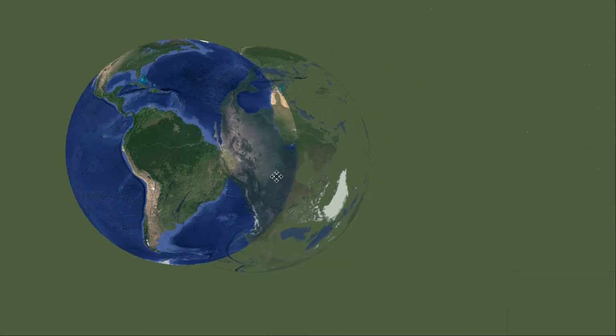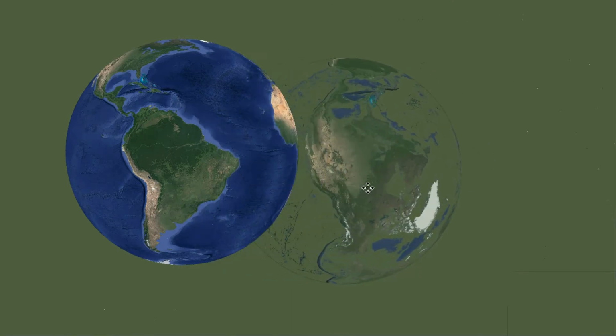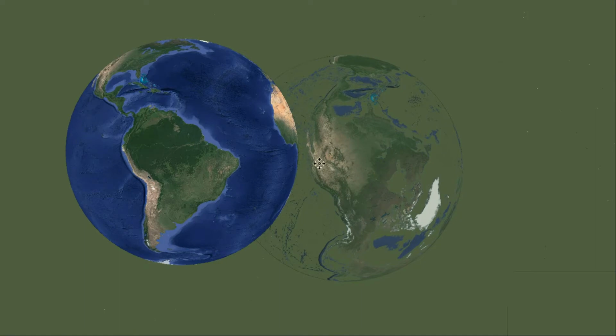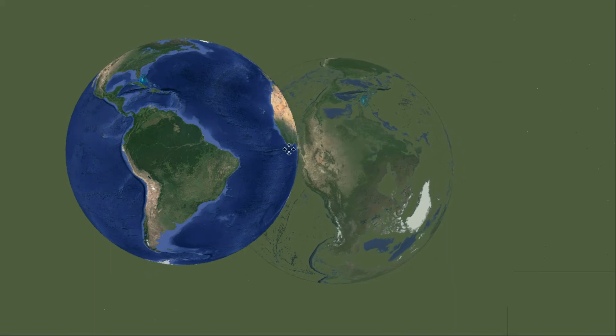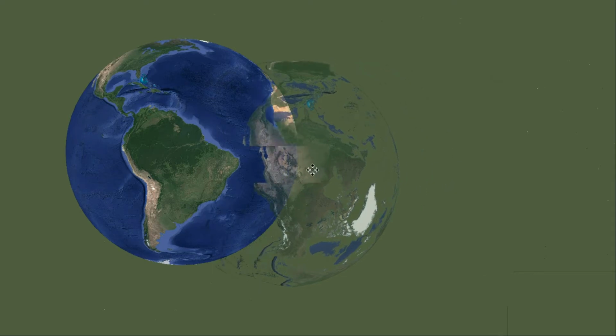Now this is going to be hard to see at first. My best evidence is, you'll notice that the Mid-Atlantic Ridge seems awfully similar to the shape of North America now that it's been put in its original position.